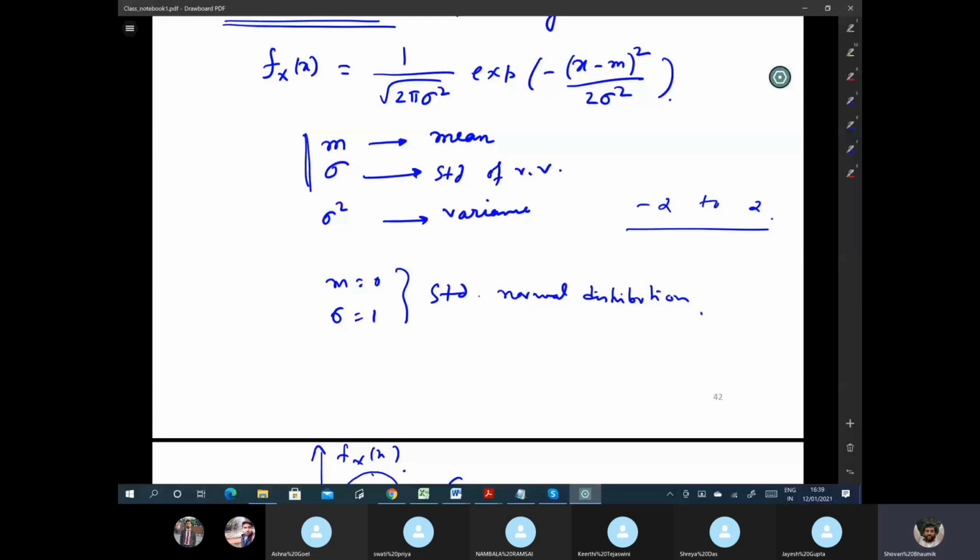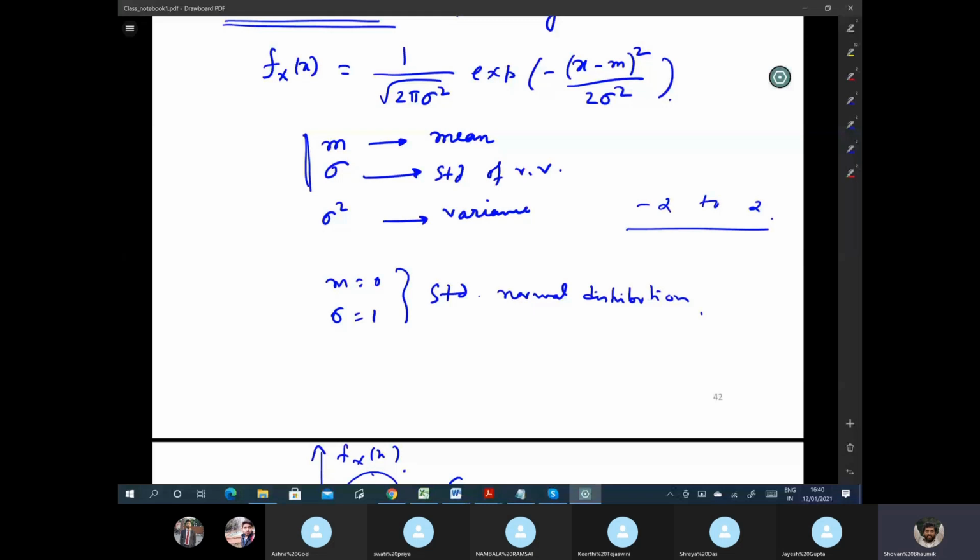Still, does anybody want to say anything? Is it fine for everybody? Yes, sir. Okay. So now we'll quickly see the uniform distribution. This interpretation is nice, and we will come back to it more and more when we see the multidimensional Gaussian distribution. For the time being, this.